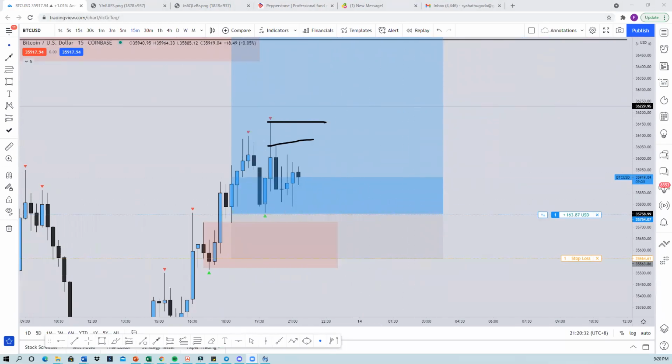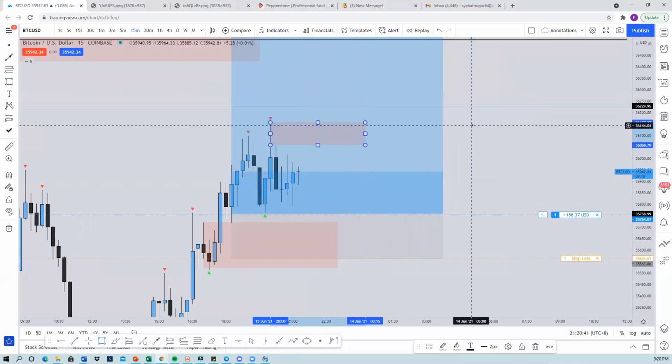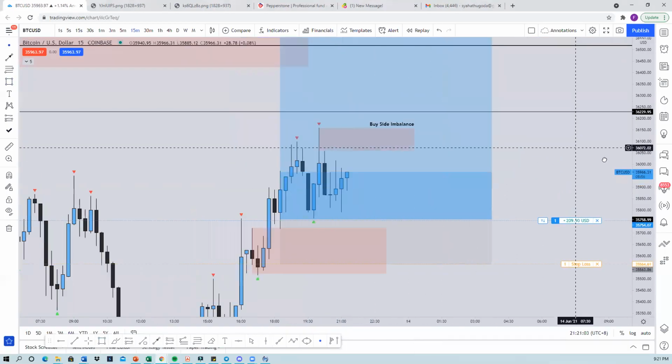Let me just draw a rectangle over there, so if it happens, you can see it. Let's call that sell side imbalance. Sorry, buy side imbalance, because there's no buy over there. Buy side imbalance. Okay, so let's see how it goes.